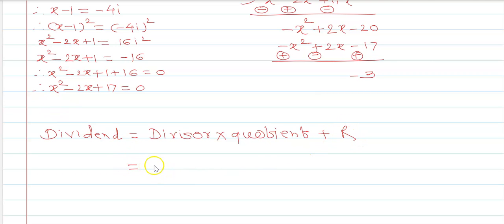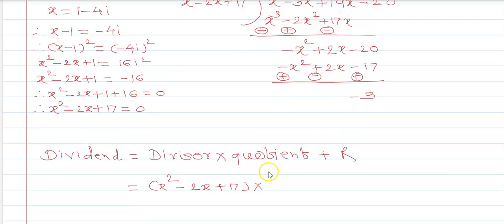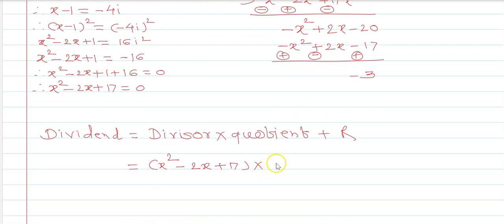Now the divisor is x square minus 2x plus 17, and the quotient is x minus 1. And what about the remainder? Remainder is minus 3. The value of this polynomial is 0, 0 into x minus 1, that will be the 0. And finally, you are getting here minus 3.